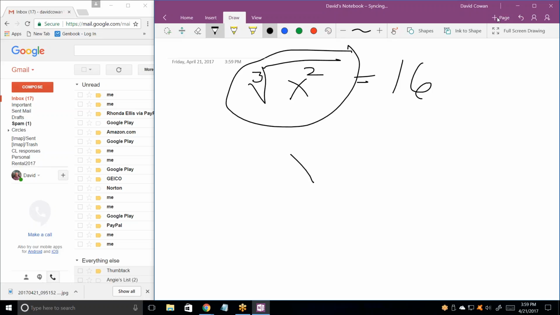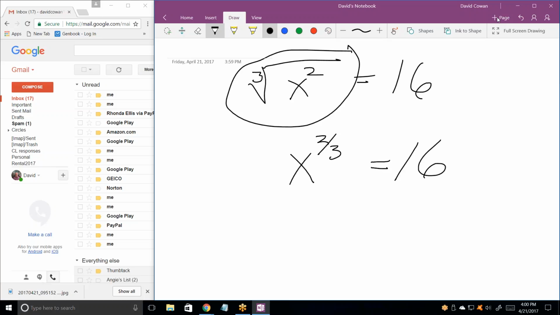So what's that equal to? That's 4. x equals 4. No, it's not x equals 4. What's the fractional exponent of the thing on the left? It's x to the 2/3 power. Now we're in business.